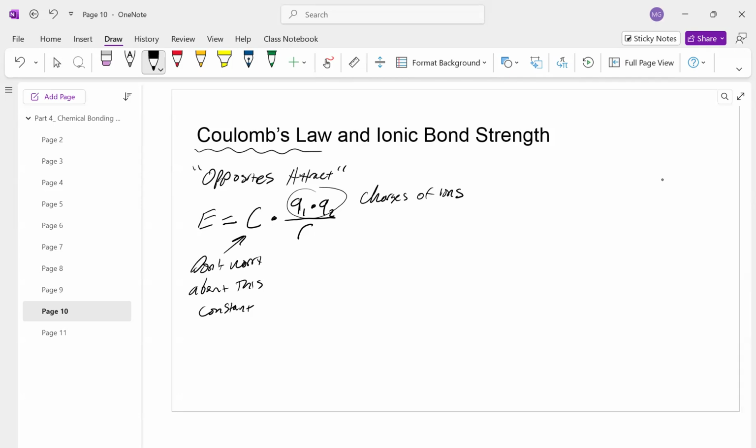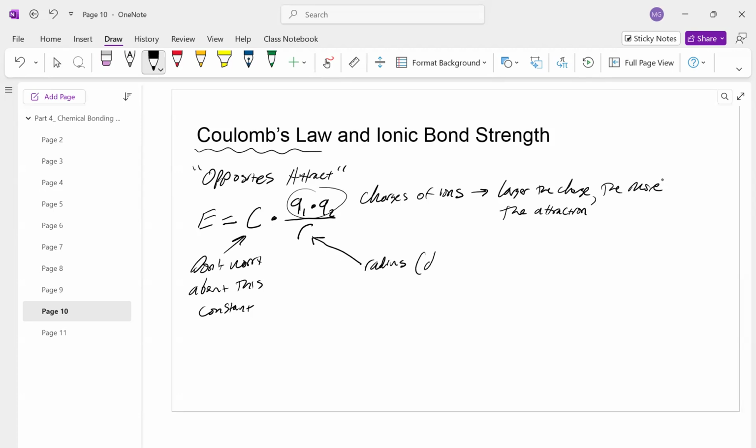And because that's on the top part of a fraction, what that means is the larger the charge, the more the attraction. And R down here is the distance between the two ions, or the radius between the two nuclei of the ions.